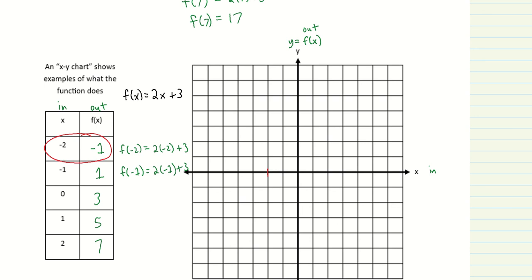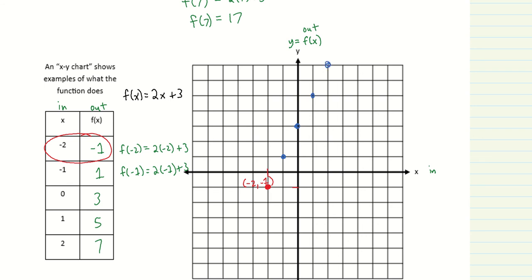That dot represents plugging in -2 and getting -1 to come out. So every single dot on this graph represents an input matching the output that goes with it. If I continue on, I would have (-1, 1), (0, 3), (1, 5), (2, 7).